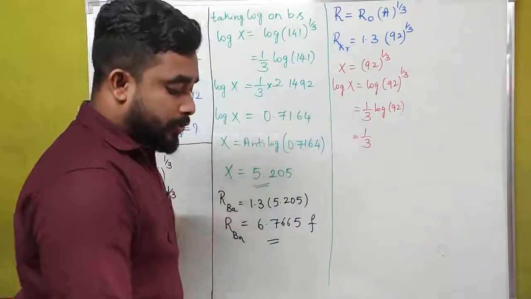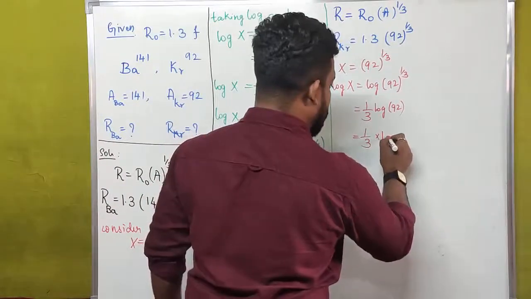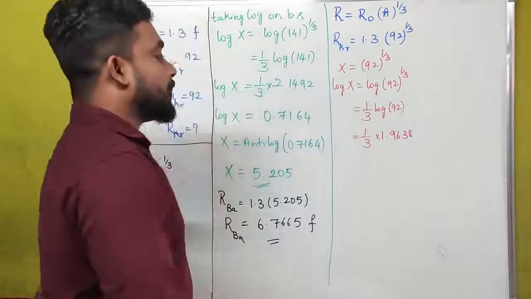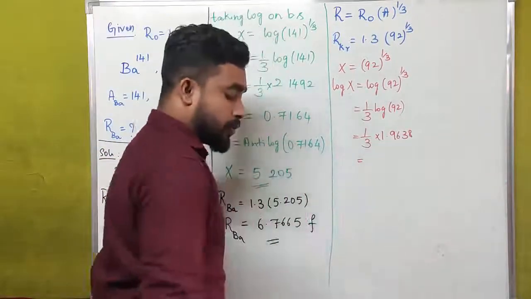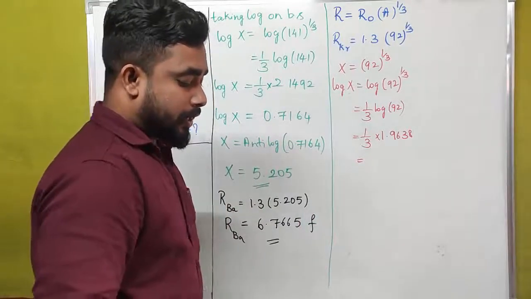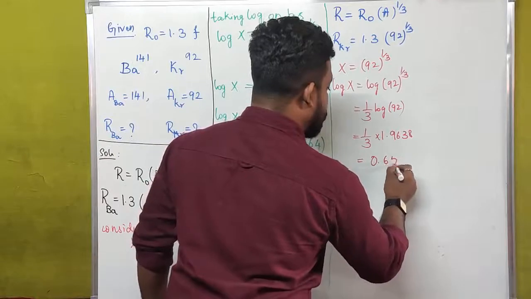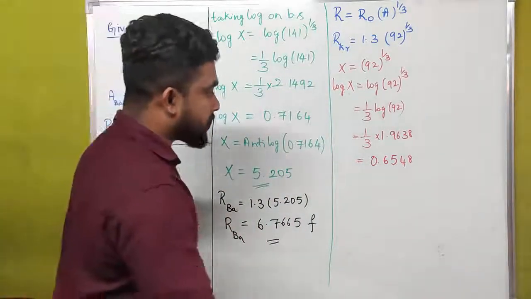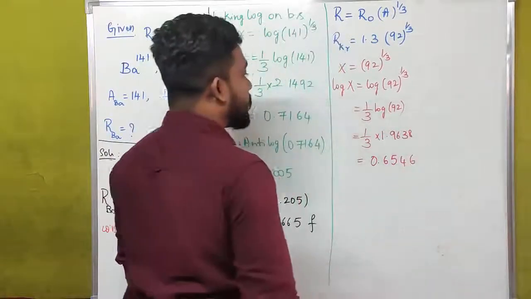And what is log of 92? Log of 92 is equal to 1.9638. 1.9638 is the value of log of 92. 1.9638 divided by 3 is equal to 0.6546.